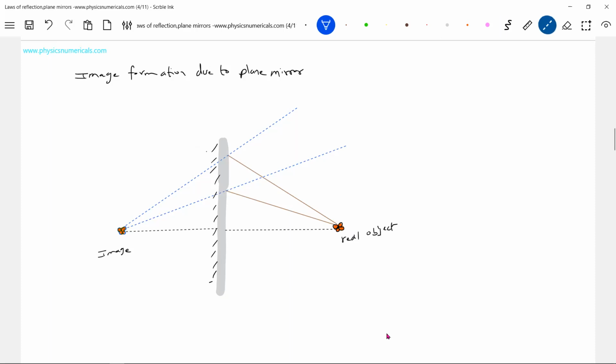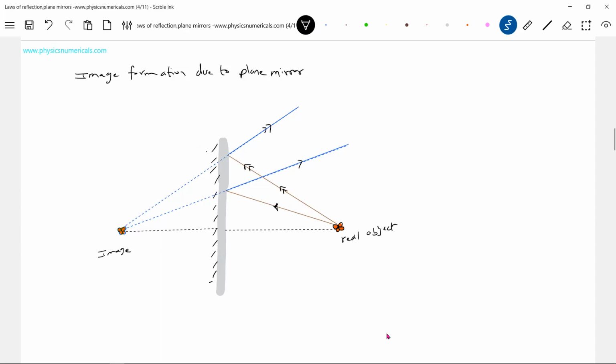Now you can ask questions, sir, how are you drawing that ray? Based on the laws of reflection, I'm showing that reflected ray. This will be the incident ray, and this is a reflected ray.